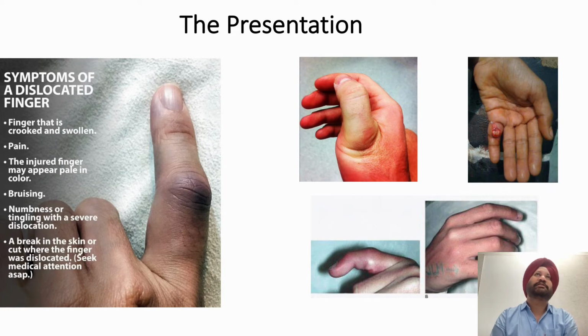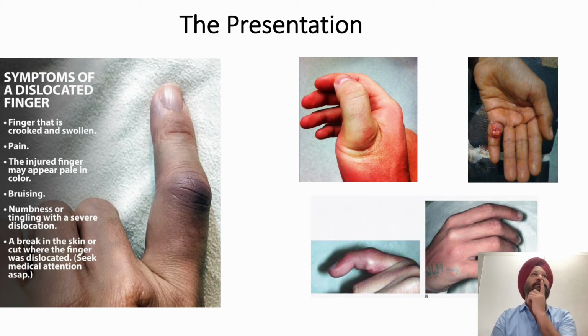Now the presentation can have multiple forms. The symptoms of a dislocated finger: it looks crooked because of the dislocation, obviously. Swollen, and of course pain is the main thing. The injured finger may appear pale, and the first figure I have tried to make out. It can have bruising, you can see in the first figure.